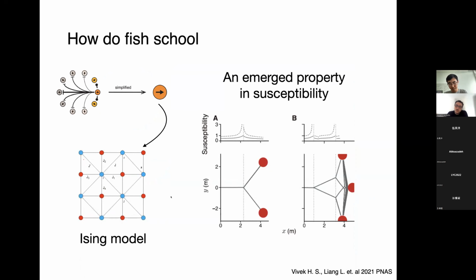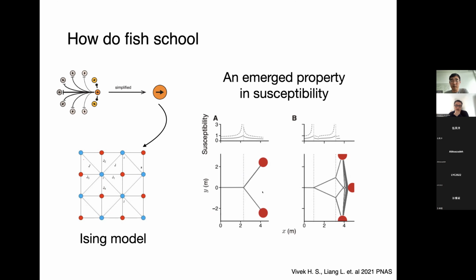Whenever the individual has to make a decision at some distance point, the susceptibility of this individual at this point increases exponentially. And this indicates that if there's a very tiny noise around this point, then the individual will make a decision immediately.